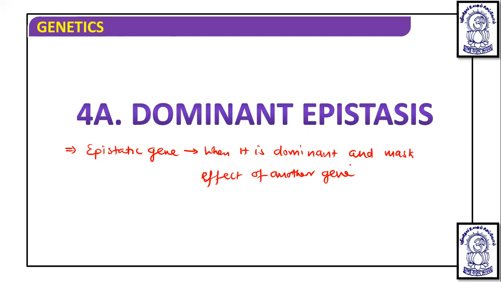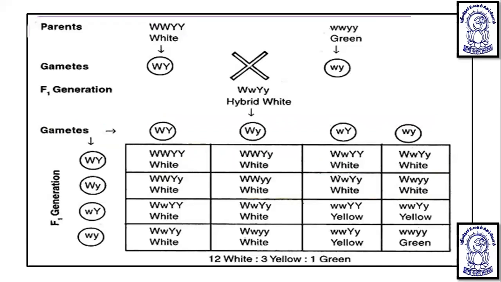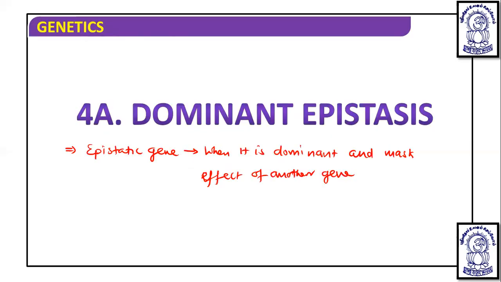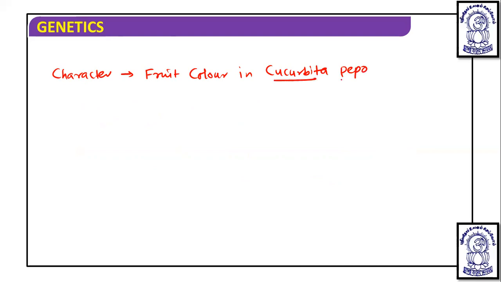So dominant epistasis. Now in dominant epistasis, the character which we are going to take is fruit color in Cucurbita pepo. Cucurbita pepo is nothing but summer squash, and it has three fruit colors.